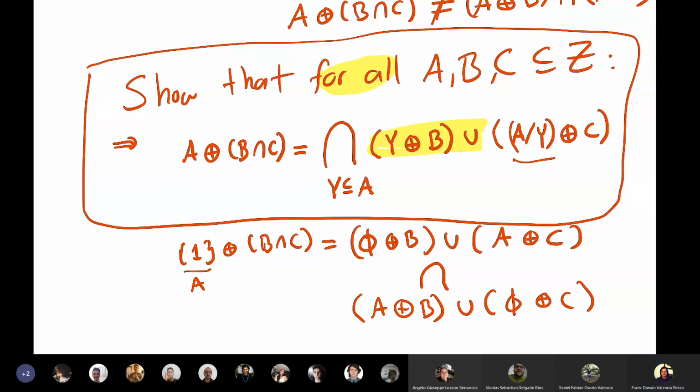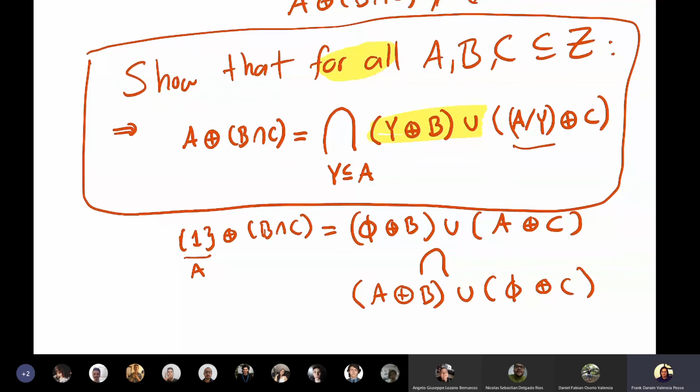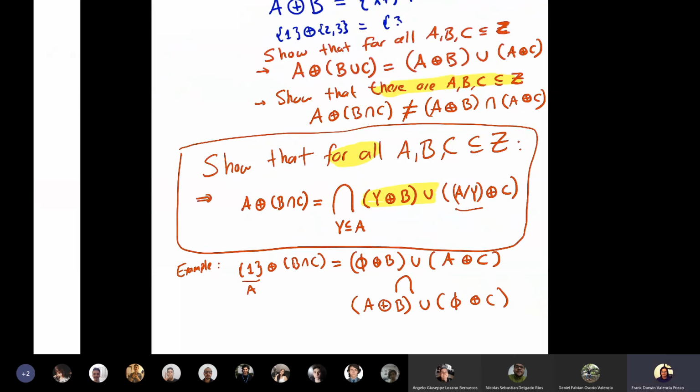Sí, profe. ¿Ahorita entendieron de qué trata la intersección sobre todos los subconjuntos? Este es un ejemplo. Profe, otra pregunta con respecto a la entrega de la prueba. ¿Se puede tomar foto al papel donde se hizo la prueba o tiene que estar bien escrita en un documento?